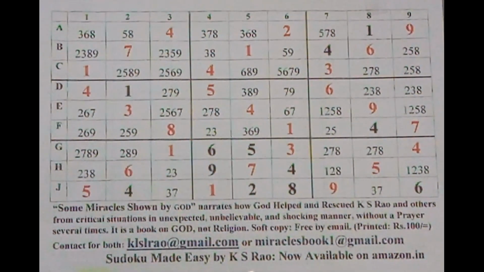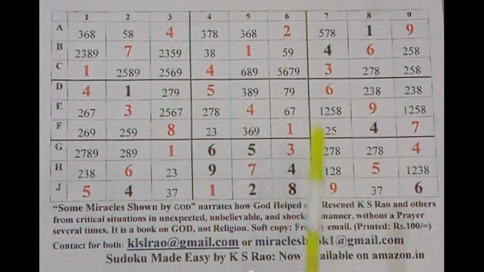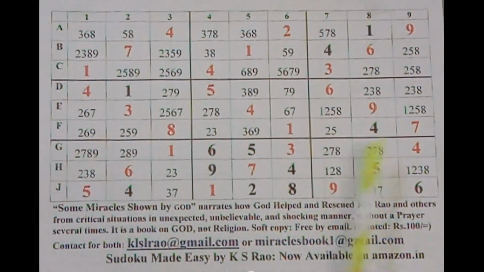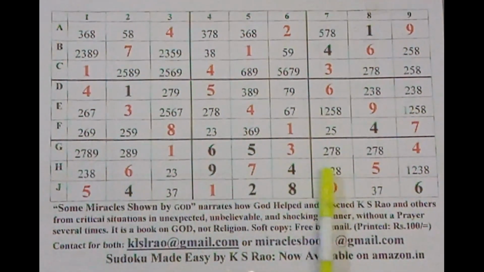We start with boxes and then, okay, let's discuss about the boxes. Now, let us take this box for example. We look for any particular number occurring only in one row or a column. In this case, we have this number 1 here occurring only in row H of this box.